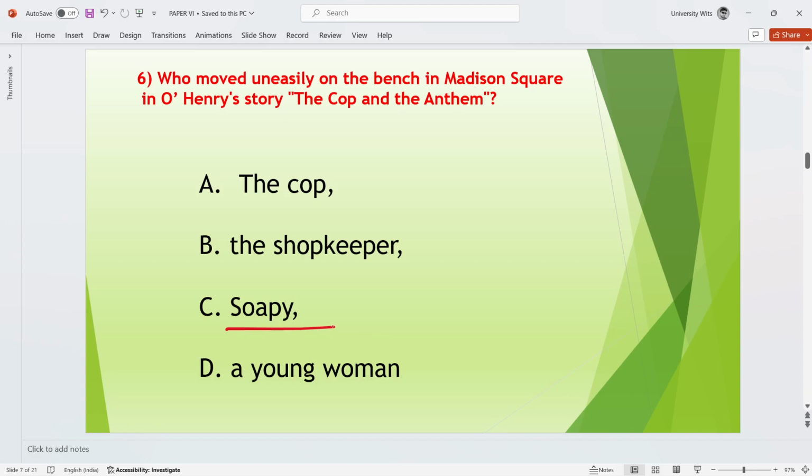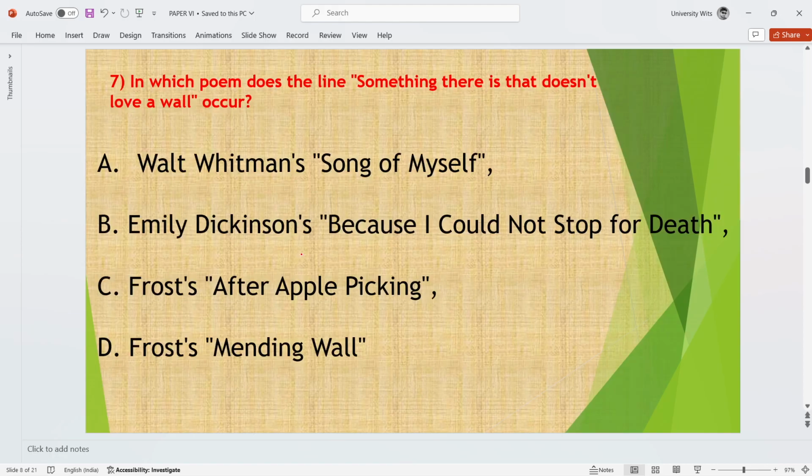He's the central character here, and he was finding a shelter because of winters and the very cold temperature. Okay, so next is question number 7: in which poem does the line "Something there is that doesn't love a wall" occur? Okay, so this is the question.